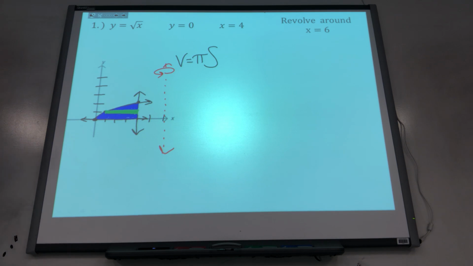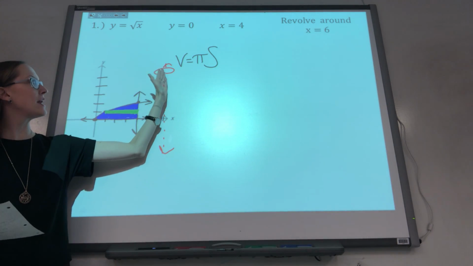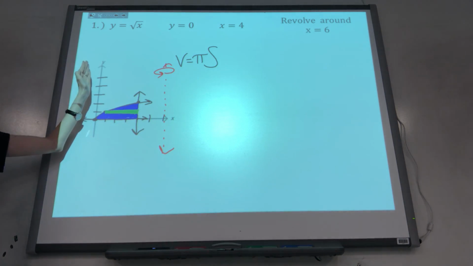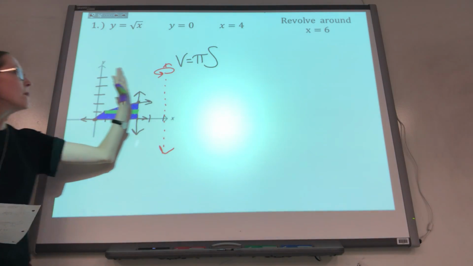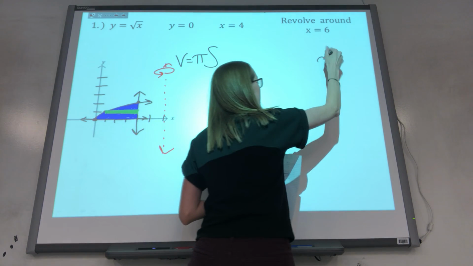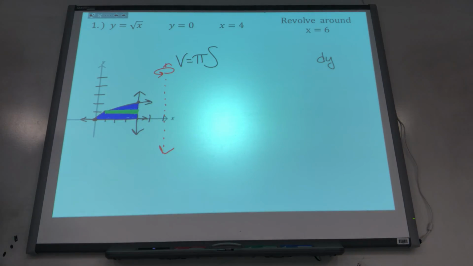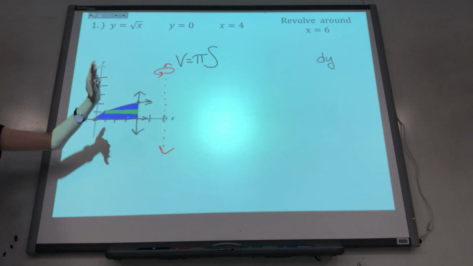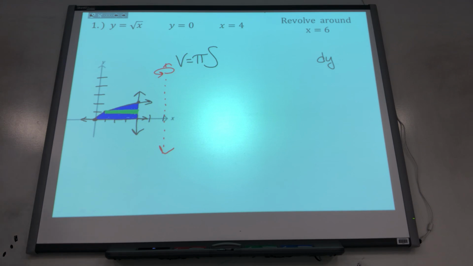And on your quiz tomorrow, some of them will be with respect to y, some of them will be x. I don't tell you that part. That's something that you have to know. If I'm spinning around a vertical line, like the y-axis, then I need to integrate with respect to y. Or if I'm spinning around a horizontal line, like the x-axis, we would integrate with respect to x.